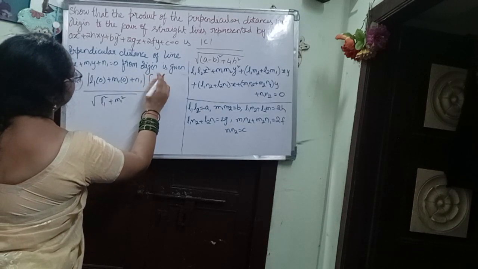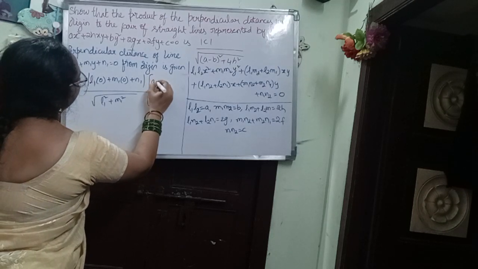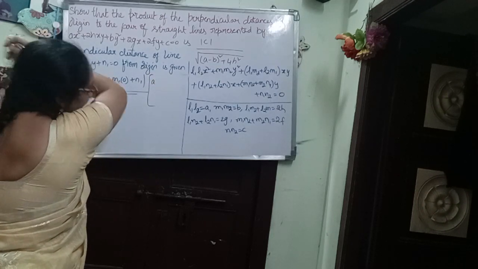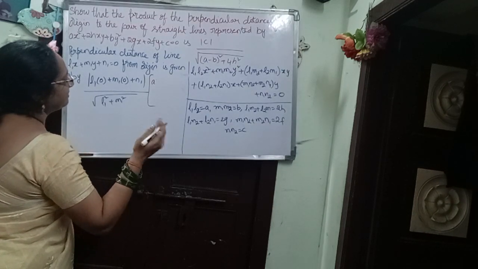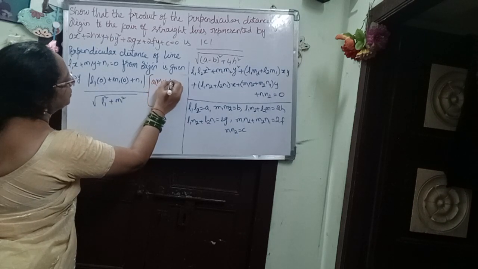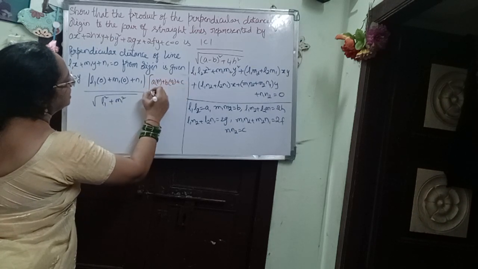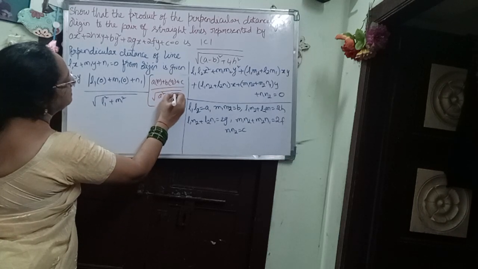Perpendicular distance means, let us take the point as some x1, y1, or p, q like that: mod of a into p plus b into q plus c by root of a square plus b square.